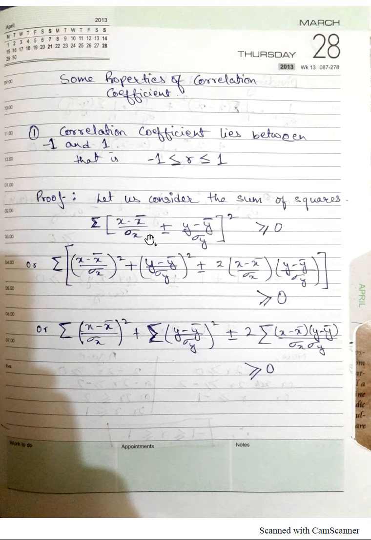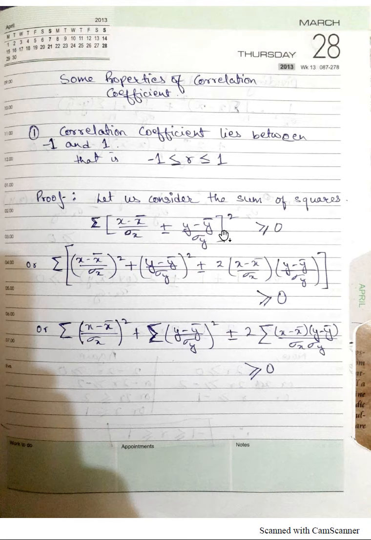I repeat, since this expression is positive, when we sum it up for all the values of x and y, it will still be positive, because it will be a sum of positive numbers or 0. So the addition of all the positive values or 0 will still be 0 or positive.